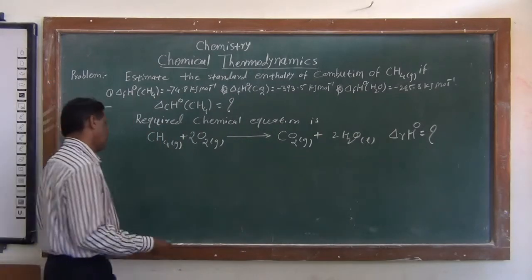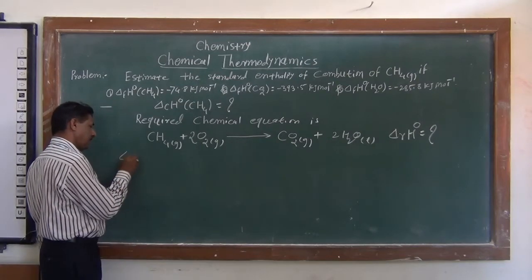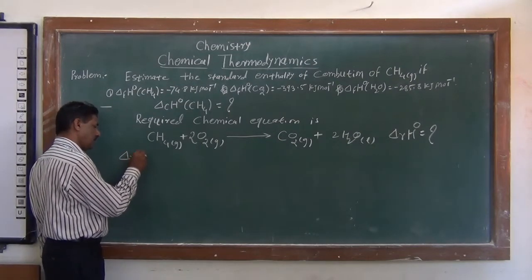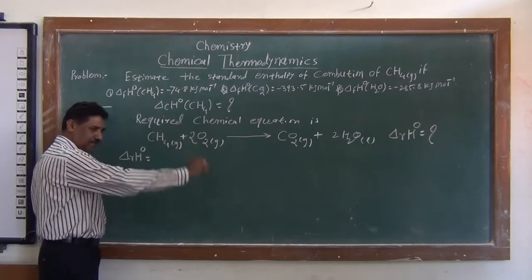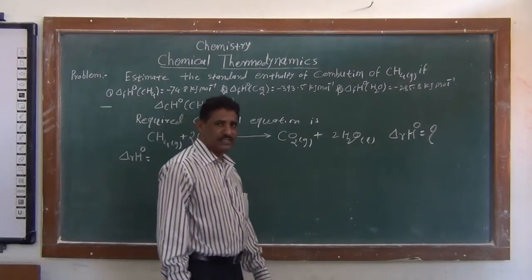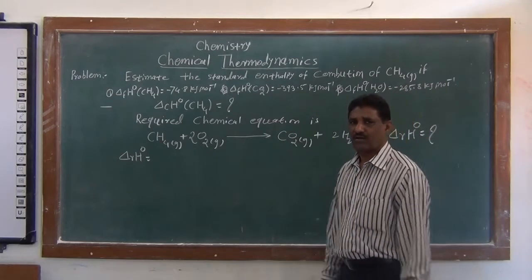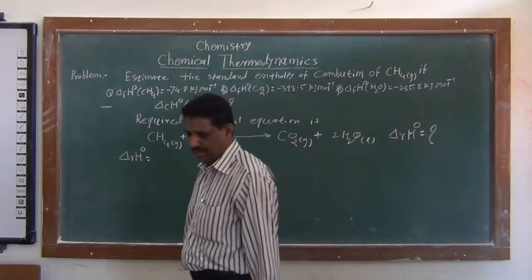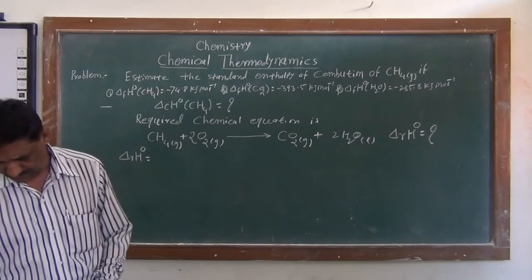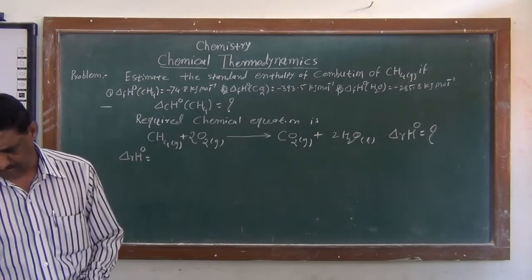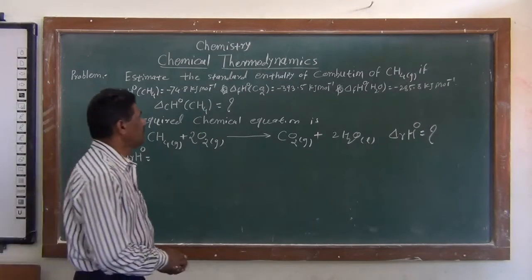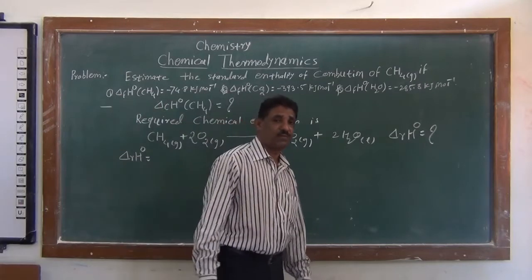We use the formula. You know the formula. That is delta rH0 is equal to the summation of enthalpy of products minus the summation of enthalpy of reactants. Using this formula, we calculate the enthalpy of combustion of methane.